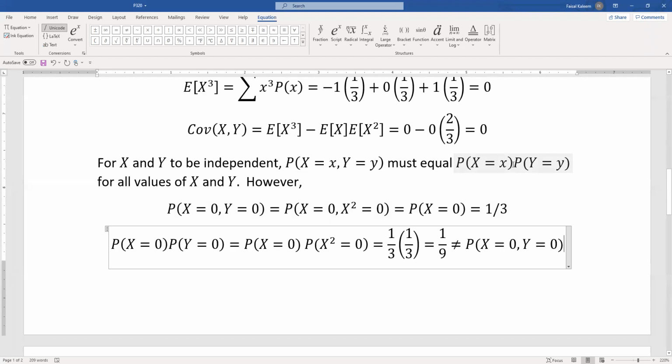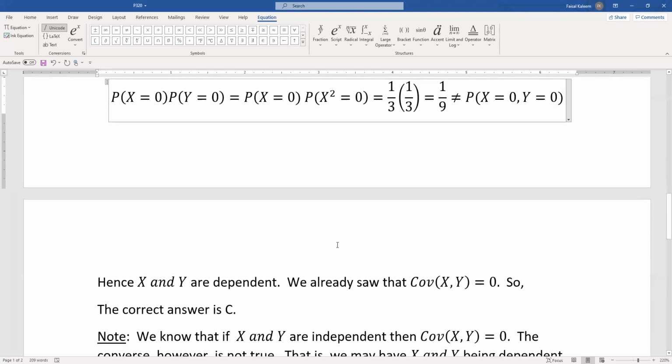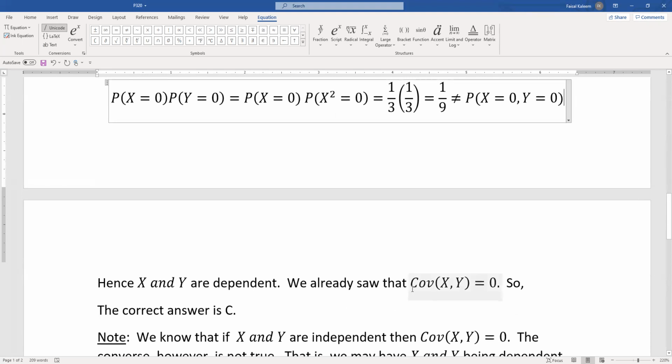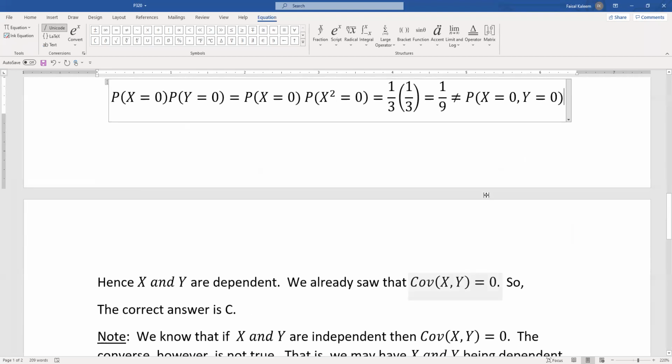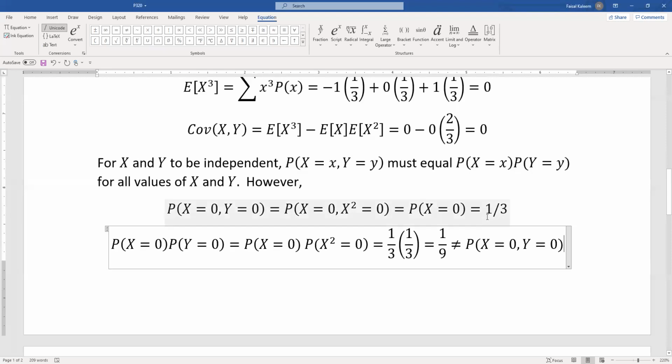For independence, they should be equal for all possible x and y values. Therefore, we conclude that x and y are dependent. We already saw that covariance is 0. So we have covariance 0 and dependent, and that was choice C.